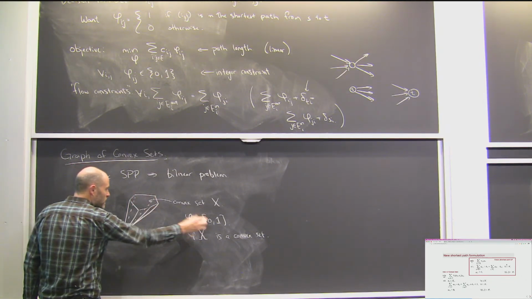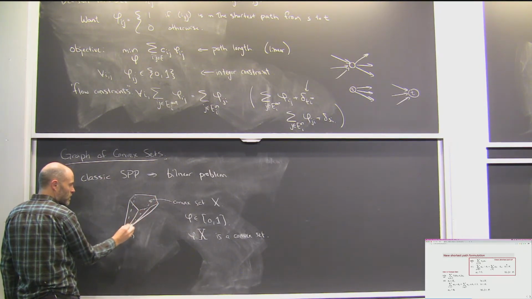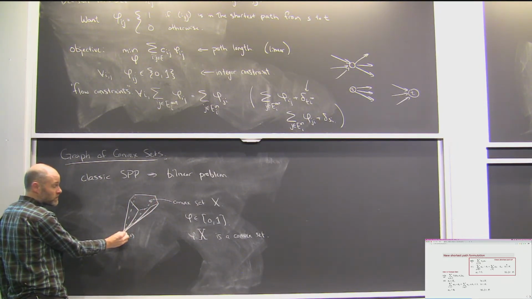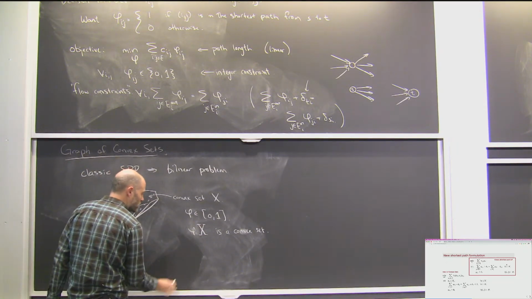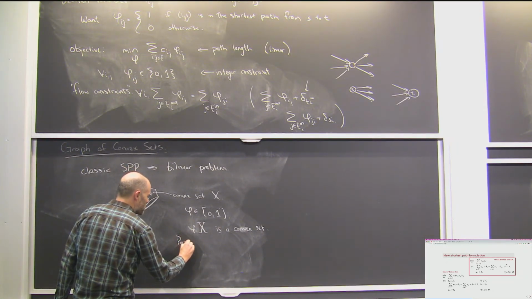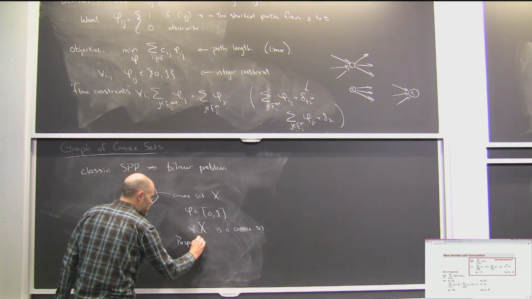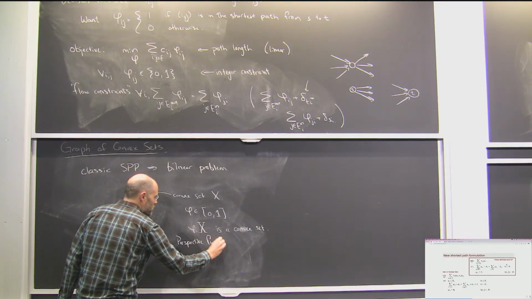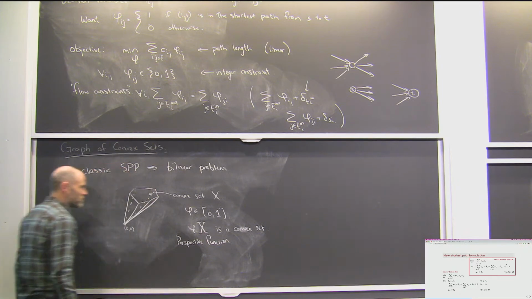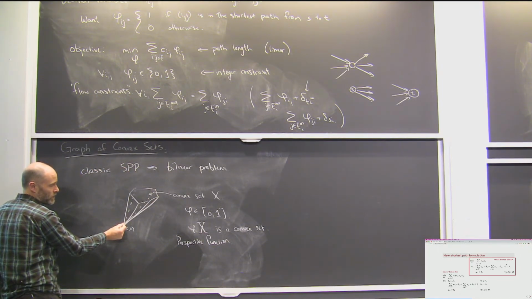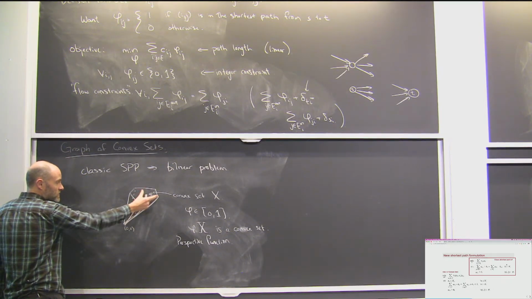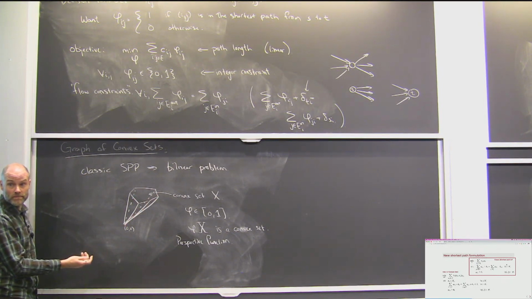When phi equals 1, it's the original convex set. When phi equals 0, it's 0. And that object, which is called the perspective function, we can be more precise about these, but I think this is the right level. You can see, is still a convex set.